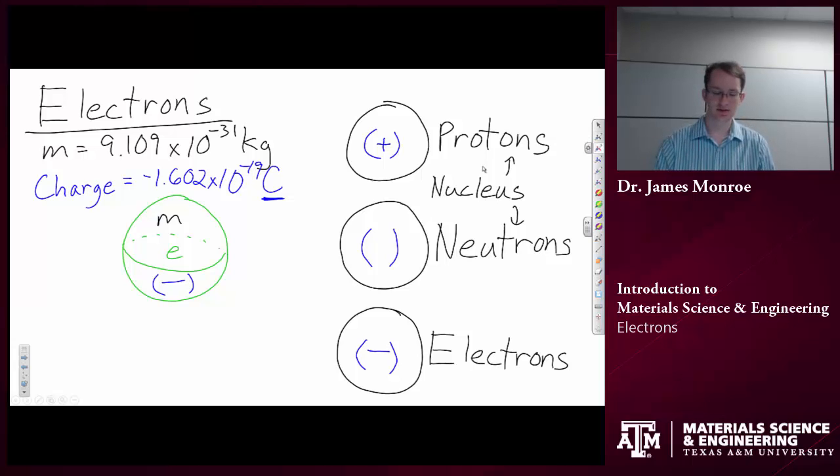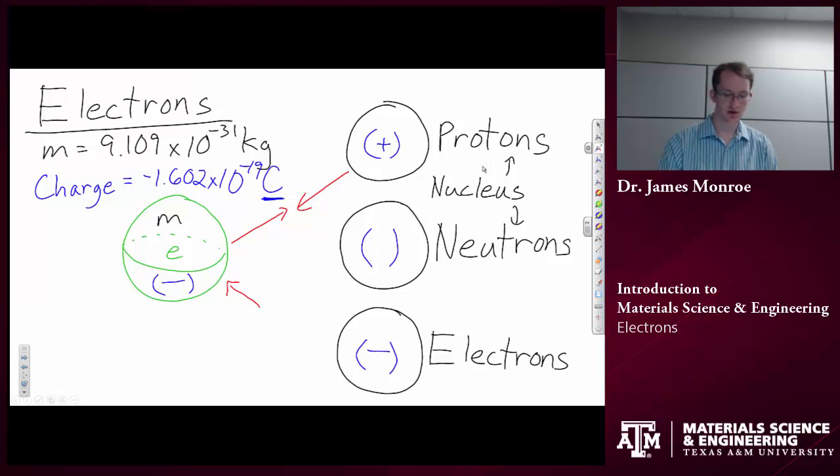A proton, a positively charged particle, will be attracted to an electron, and an electron will be attracted to a proton. The proton's kind of bound inside the nucleus of the atom, and so the electrons moving around are more likely to go towards the proton. But an electron doesn't like other electrons. It stays away from them.